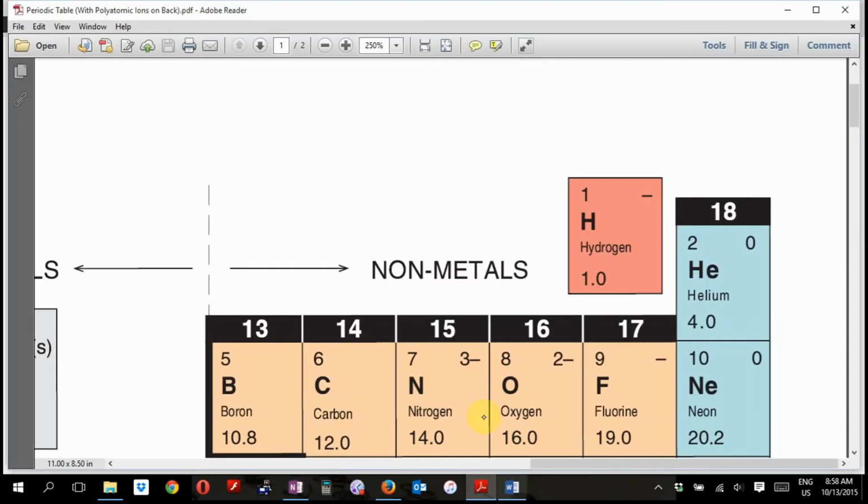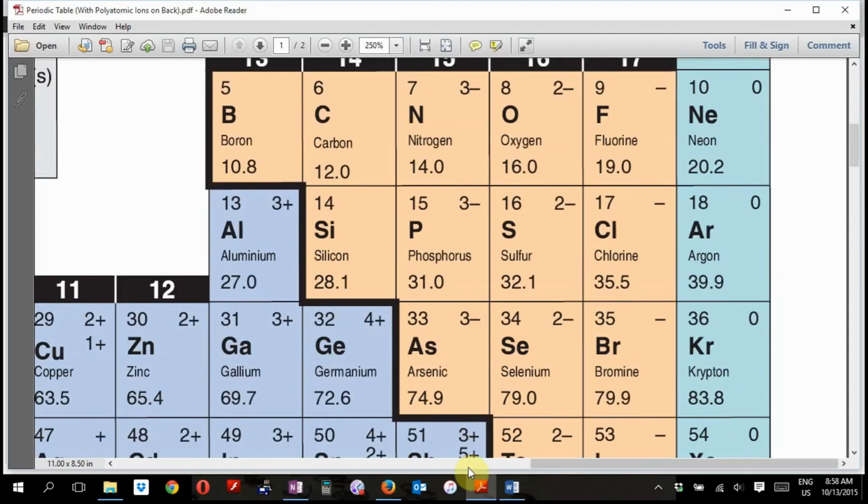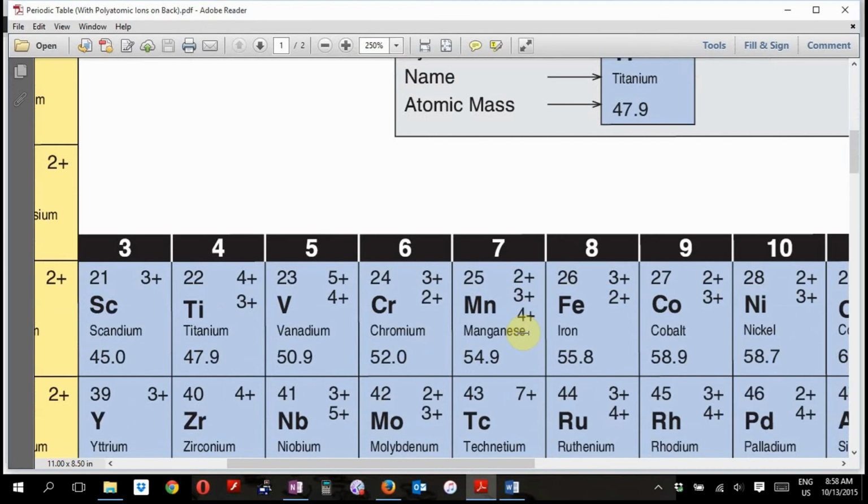So if you look in the middle of your periodic table, like right here, you'll see, for example, chromium. It's happy losing 3 electrons. It's also happy losing 2 electrons. It's most happy losing 3, but there are some situations where it'll be okay losing 2. These ones are nice, but you can see when you get to the middle, you get what are called multivalent charges. We'll talk about what that means. Multivalent atoms.